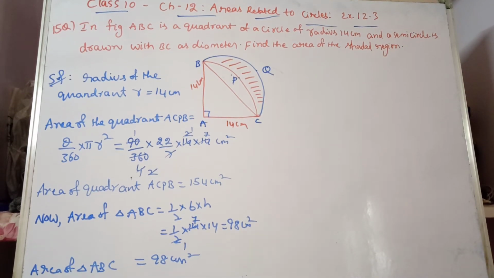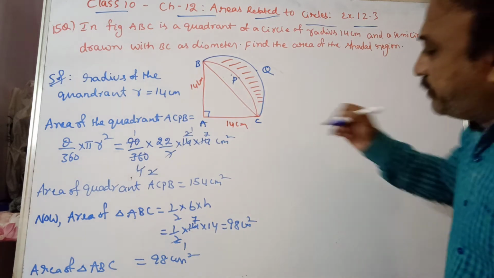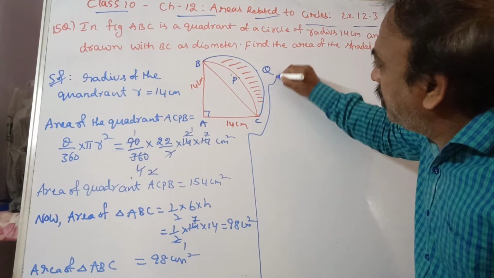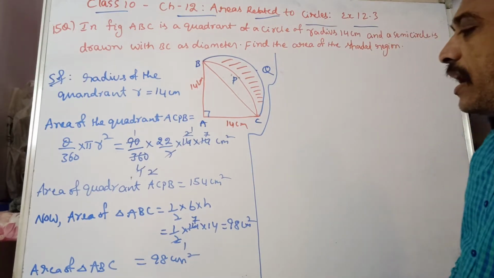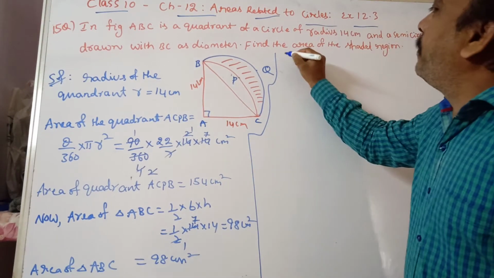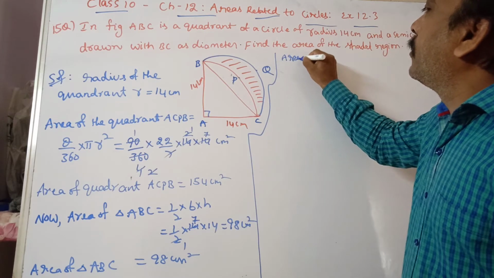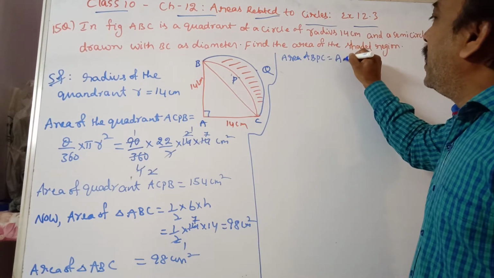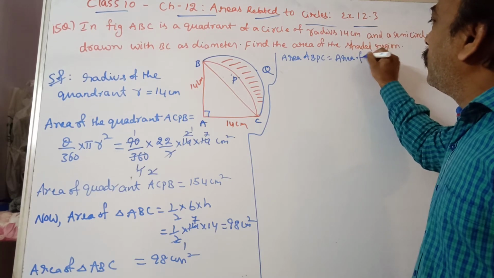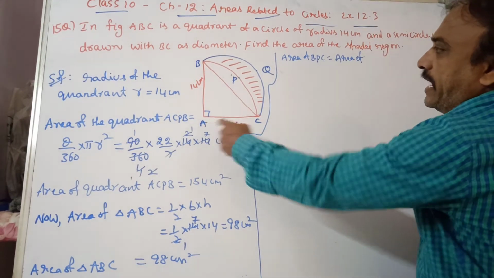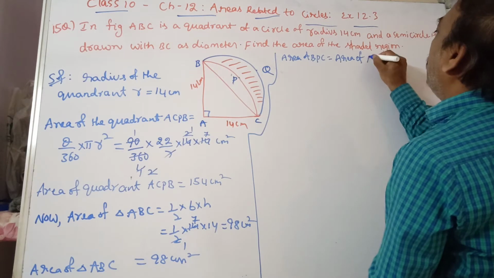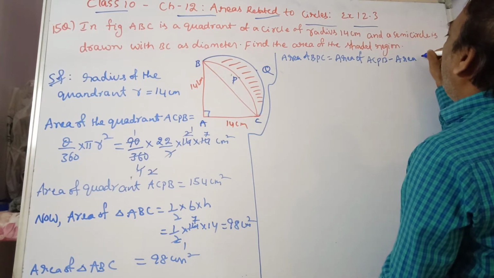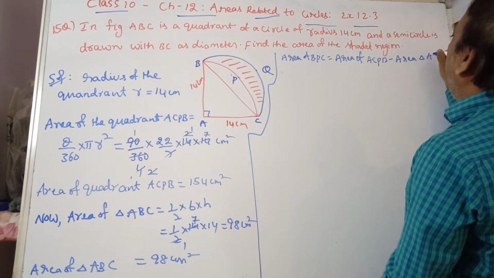So now observe, look. Now we are finding the area of BPC. Area of BPC is equal to area of quadrant ACPB minus area of triangle ABC.